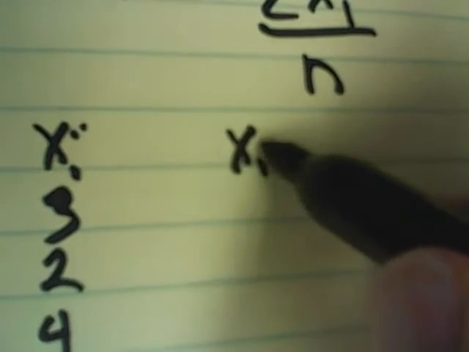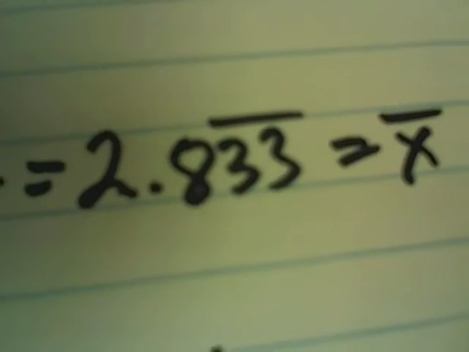The next thing I want to do is my variance and standard deviation. When I do the variance, I'm going to take each x sub i and subtract the mean, which is 2.833.